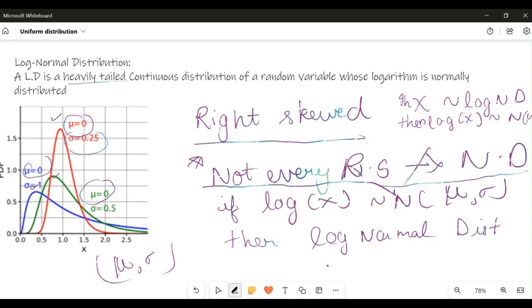I can give a very good example: the salary in our country.